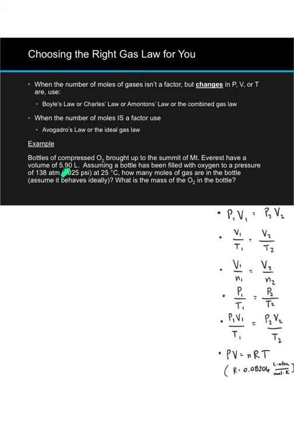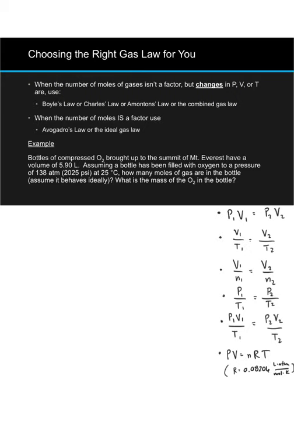These bottles have a volume of 5.9 liters, and they've been filled to a pressure of 138 atmospheres at a temperature of 25 degrees Celsius. How many moles of gas have you placed in this bottle? And then, what's the mass of oxygen in that bottle? Consider that you're probably going to be pretty concerned about any extra added weight if you're trying to summit Mount Everest. So it might be a particular concern for you about how much your oxygen weighs.